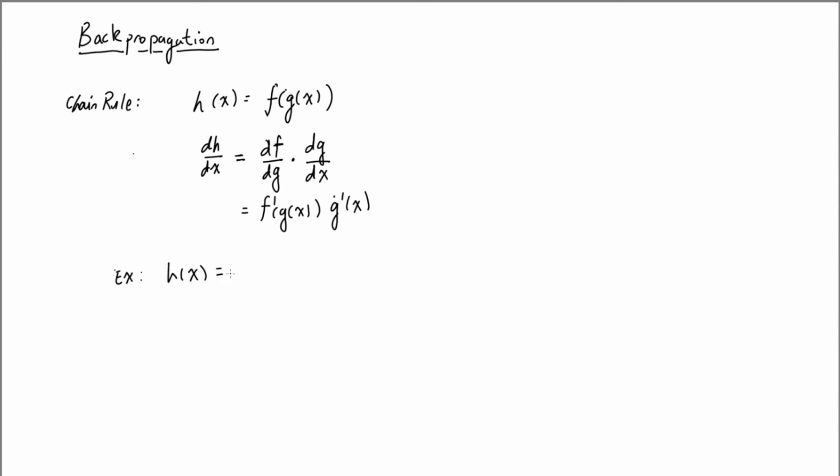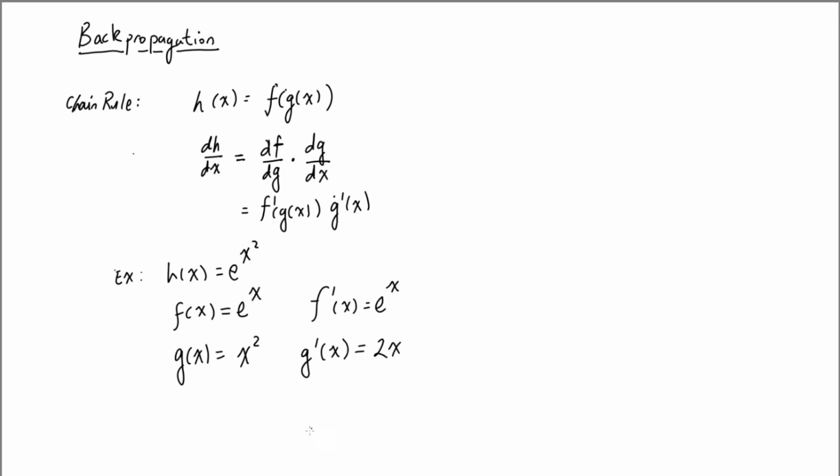Let's say h of x equals e to the power of x squared. You can think of this as a composition of two functions. The first function is just the exponential function, and that has derivative e to the x, right? The exponential has the derivative which is exactly the same as the original function. And g of x is x squared, and then g prime of x is 2x.